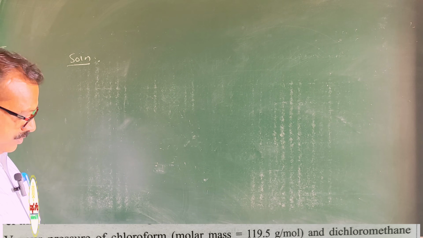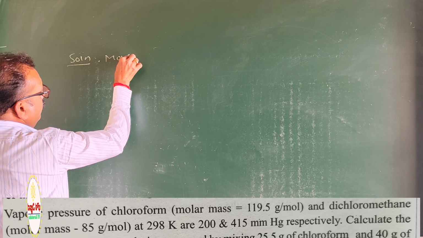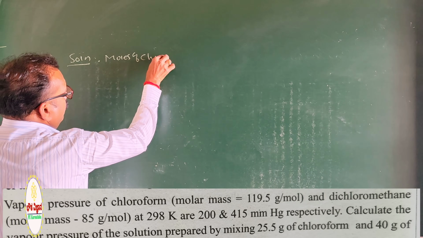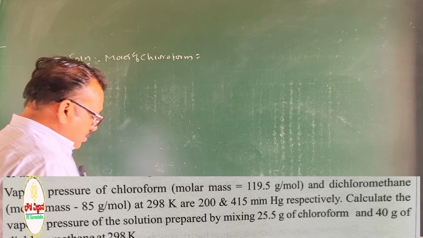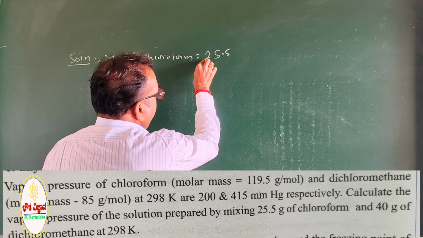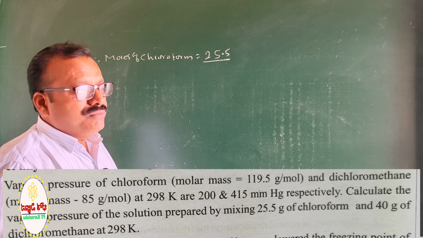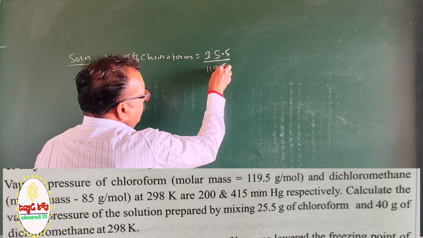So here in the solution, first we have to take moles of chloroform. They have given weight of chloroform is 25.5 gram and molar mass of chloroform is 119.5 gram.